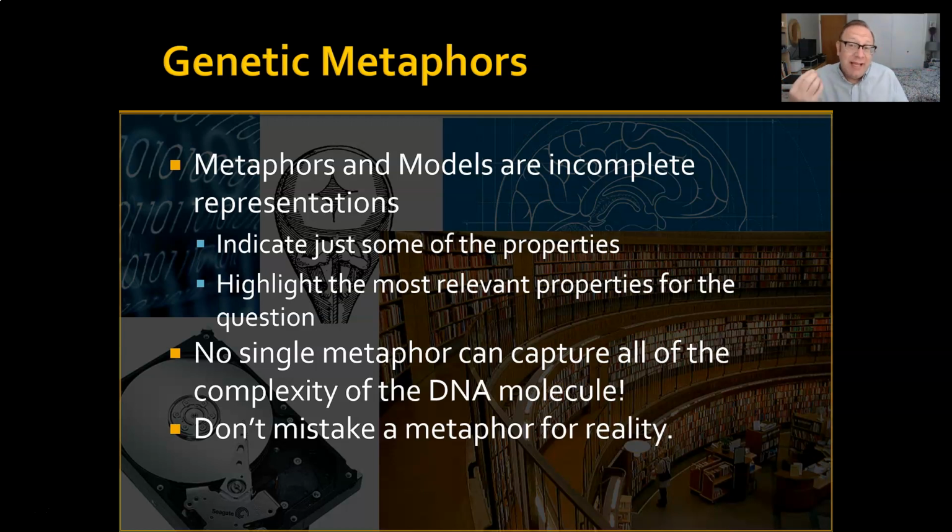So yes, DNA is a little bit like a blueprint in some respects. That is true. It's just that it's not completely like a blueprint. And so the point of a metaphor is to highlight those similarities. There isn't a single metaphor that captures all of the complexity of DNA.